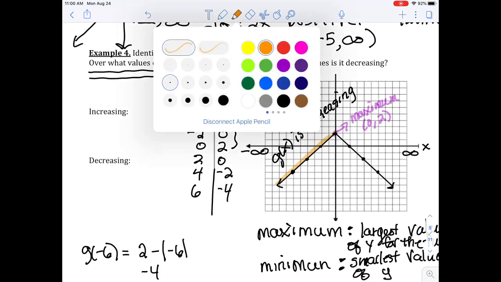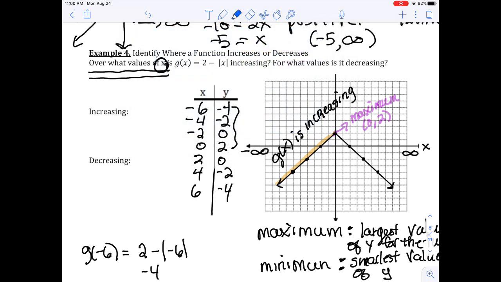I'll pick another blue, do Bears colors, orange and blue, or my Illini colors. And here is where g of x is decreasing. That's where g of x is decreasing.